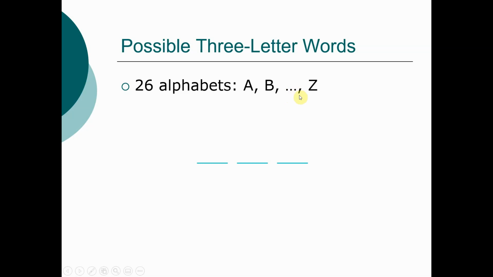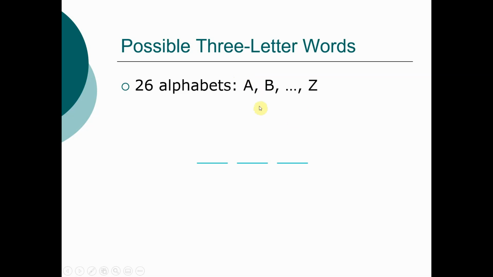Now I want to present you with another problem. This time I'm asking how many 3-letter words can we have when each letter can be picked from the English alphabet? We have 26 different letters. And this time I don't mention anything about the uniqueness of these characters. We have as many as we want.